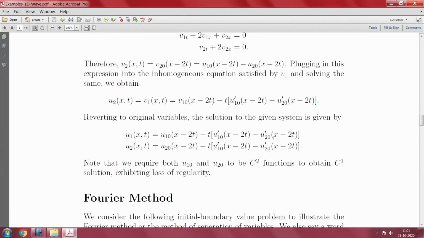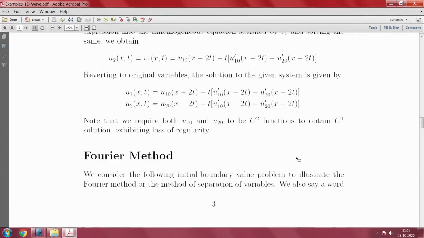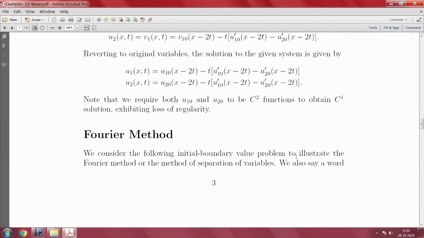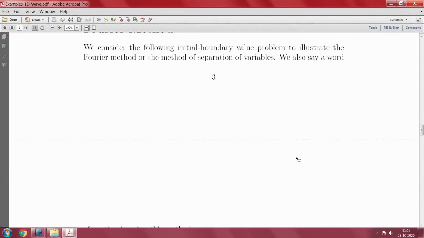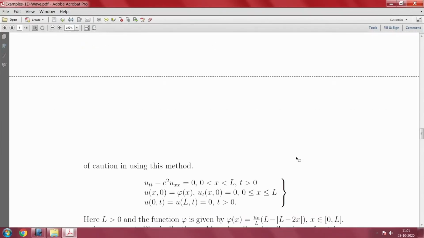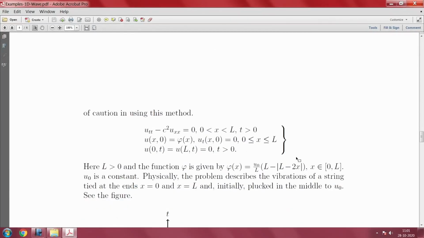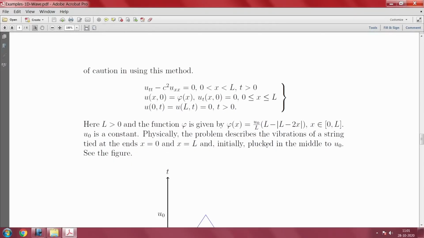Okay. Let me just complete with one Fourier method. Okay. So, this is taken again a simple example here. So, wave equation in a finite interval with initial conditions on the interval 0 to L and then boundary conditions on x equal to 0 and x equal to L. Okay.